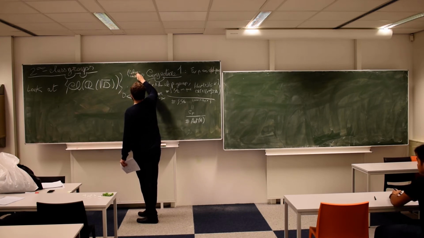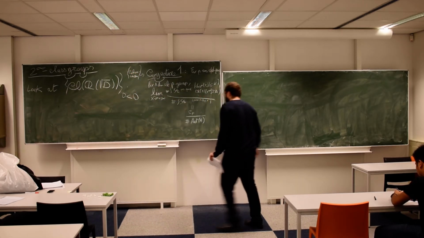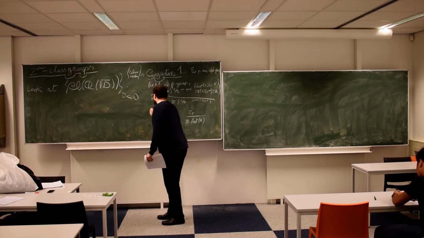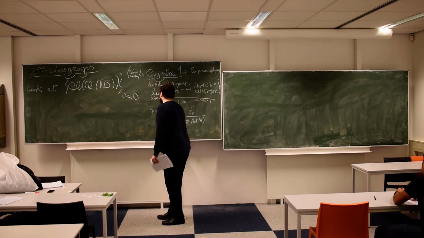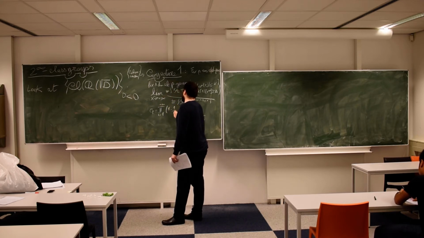What is the formula for C_P? It will come back in a little bit, and it is the product from i equals 1 to infinity of 1 minus 1 over P to the i.